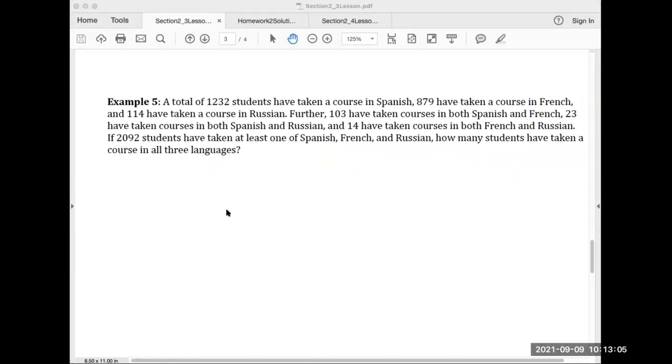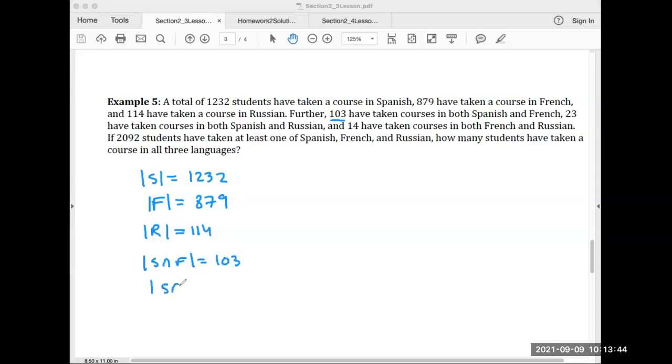Spanish, French, and Russian. How many took Spanish is 1232. How many took French is 879. How many took Russian is 114. 103 is both Spanish and French, so the intersection of Spanish and French is 103.